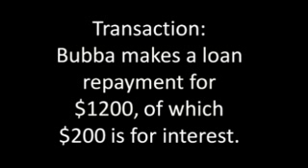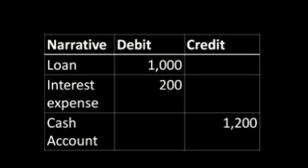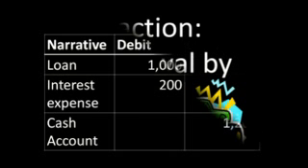The liability was recorded in a loan account, so the loan account is debited. The interest charged represents an expense to the business. To increase an expense, we need to debit the account. The asset of cash will be reduced, and to reduce an asset account, we credit the account. So there are two debits and one credit. Remember the first rule of double entry, that debits equal credits. We can see here how they are balanced.